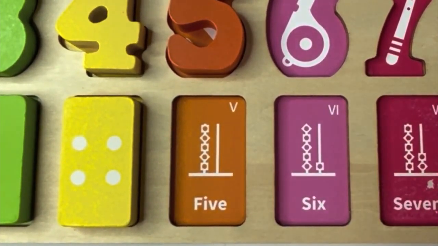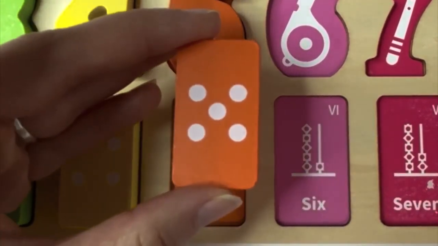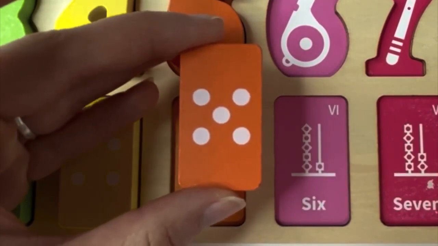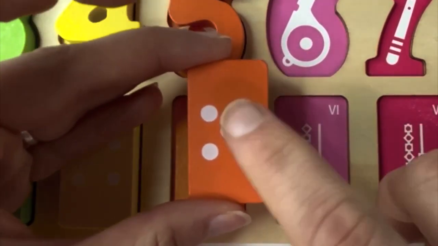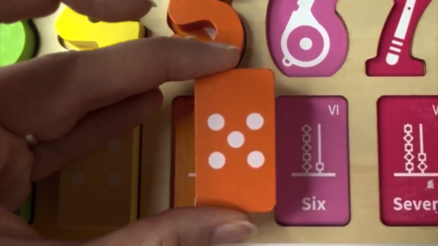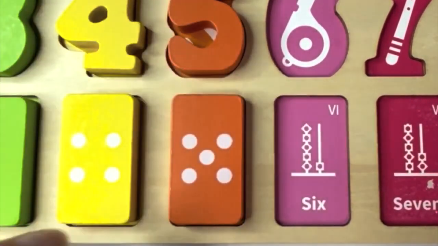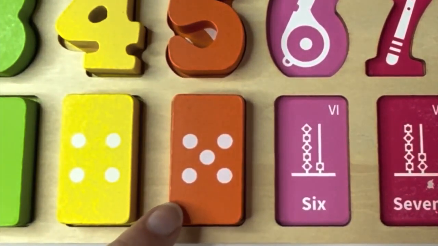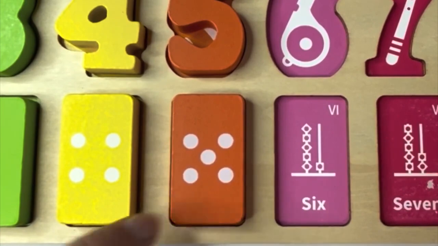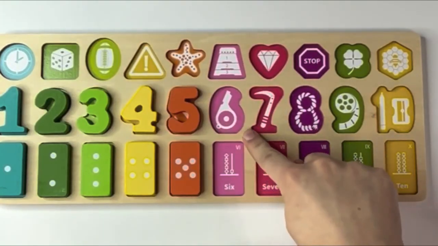If we were to look at a domino with 5 on it, it would look like this. 5. Let's count our domino dots. 1, 2, 3, 4, 5. This is what 5 looks like on a domino. And what color is this? Orange. That's right. Can you say it with me? Orange.